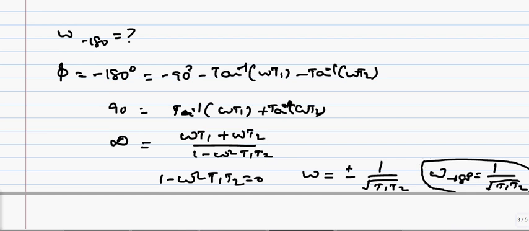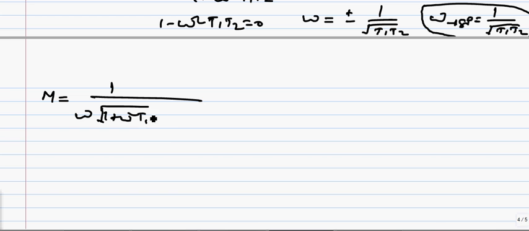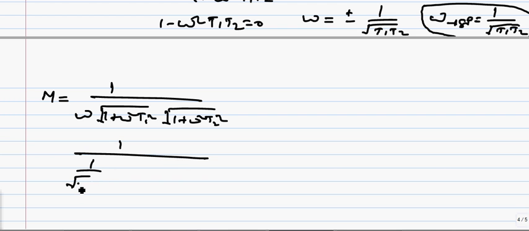This is the equation. And now if you see the magnitude at that particular value of omega, we have magnitude as 1 over omega times square root of 1 plus omega square t1 square times 1 plus omega square t2 square. If you substitute this, we'll have 1 over t1 t2 square root of omega square, so we'll have 1 by t1 t2, so t1 cancels, so we'll have t1 by t2 square root of 1 plus t2 by t1.